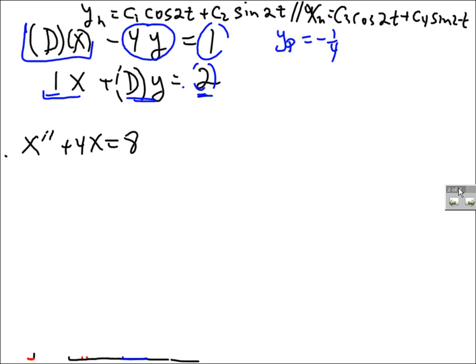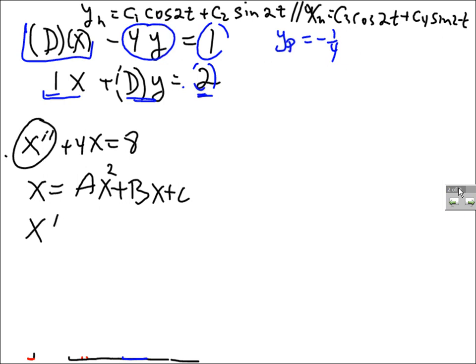So I'll say that x is a polynomial. Let's go to a square: ax squared plus bx plus c. The first derivative, I'm going to go up to the second because that's what I need, is going to be 2ax plus b. And the second derivative will be 2a.